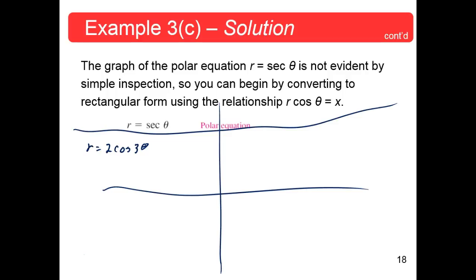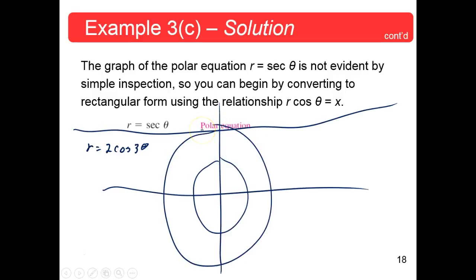But I think we can see we're going to be within a circle of radius 2, because cosine is never going to be outside plus or minus 1. So let's do a circle of radius 1 and a circle of radius 2, or approximately there. Pretty ugly. But this is how, rather than x, y, we're doing r, theta.